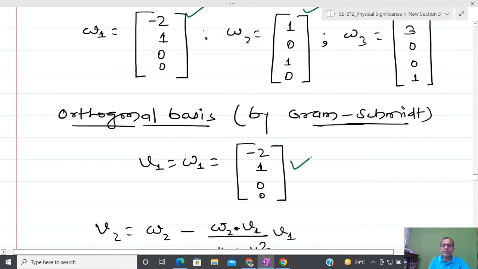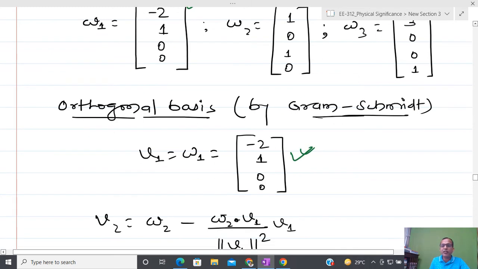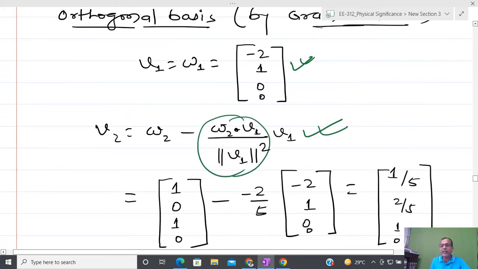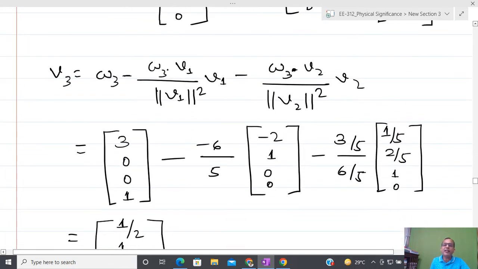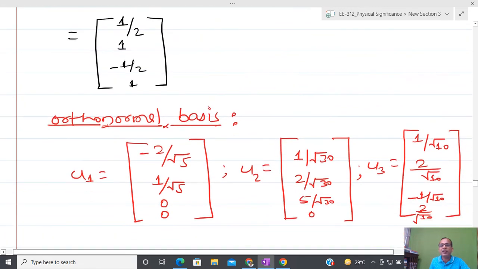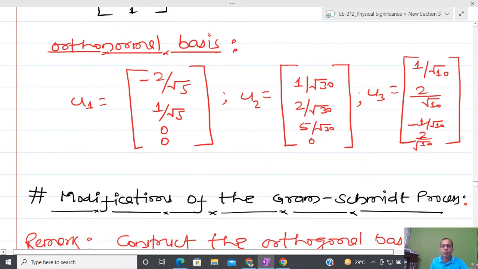You can start with the first vector. Again, by using the dot product, you can construct C1 and substitute C1. In this way you get V2, and lastly with the construction of C1 and C2 you get V3, and in this way I can construct the orthogonal basis.